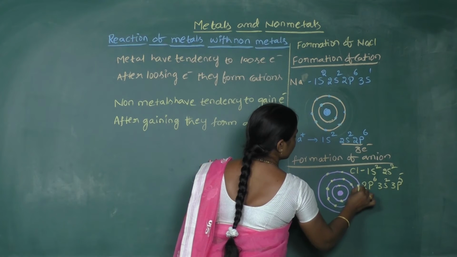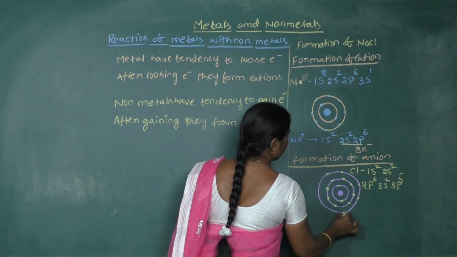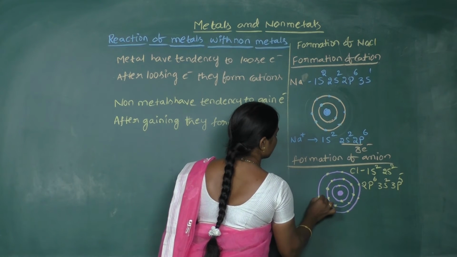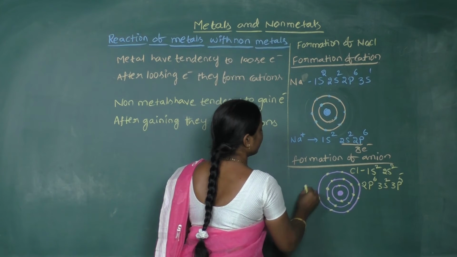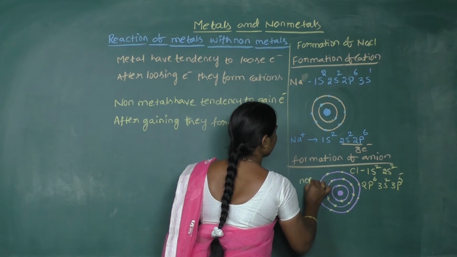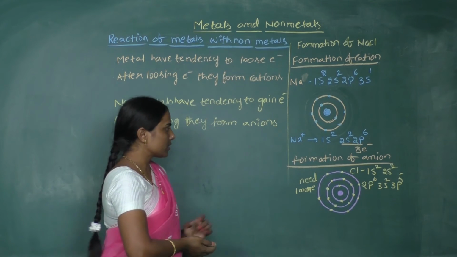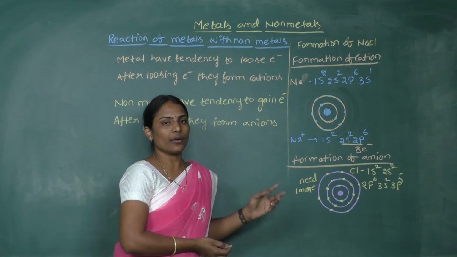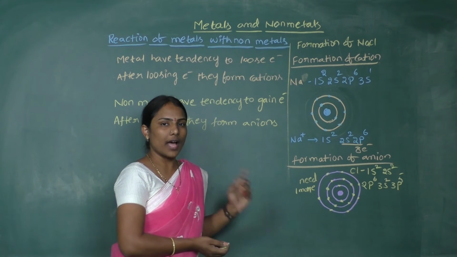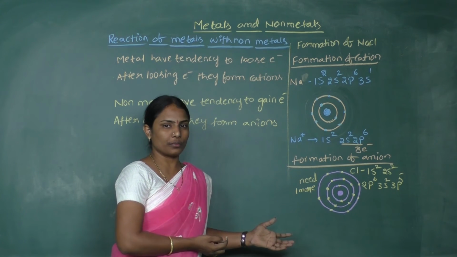So 1, 2, 3, 4, 5, 6, 7, and we need one more, because any atom or ion will be stable if it has 8 electrons in the outermost shell.